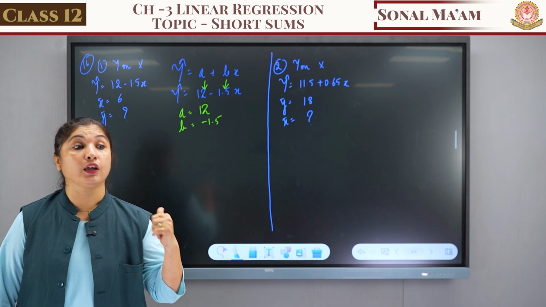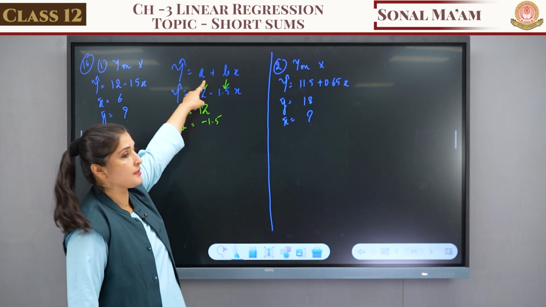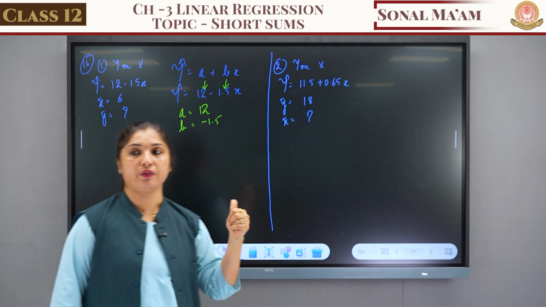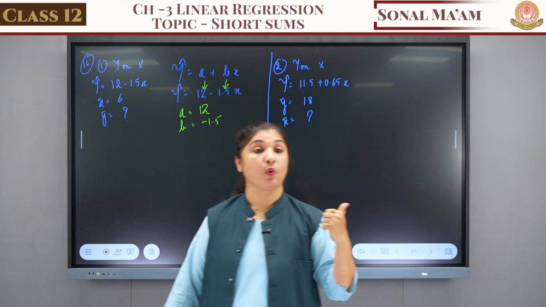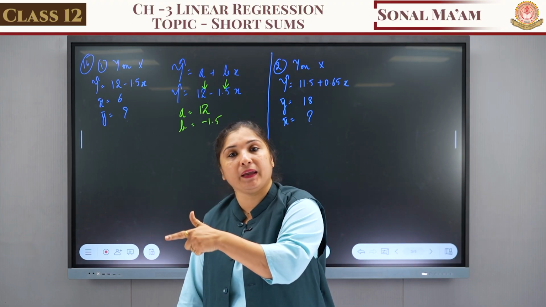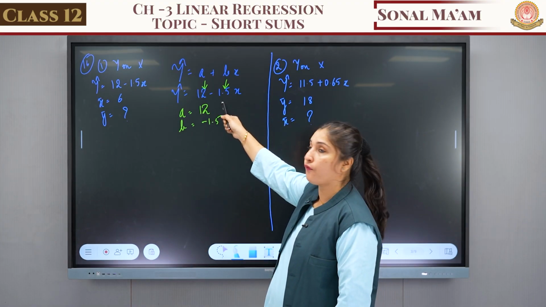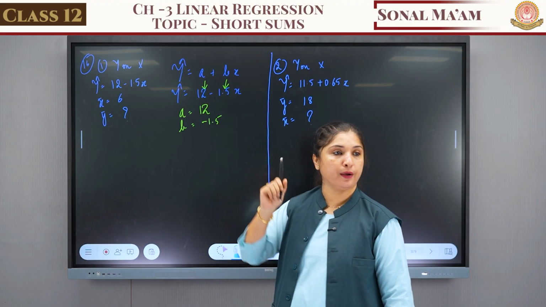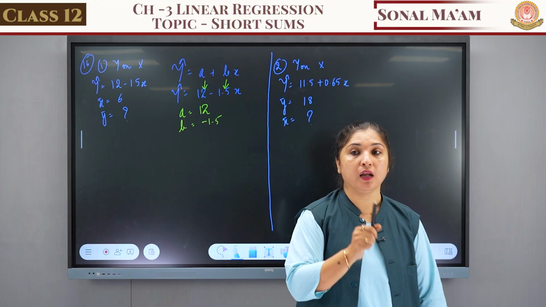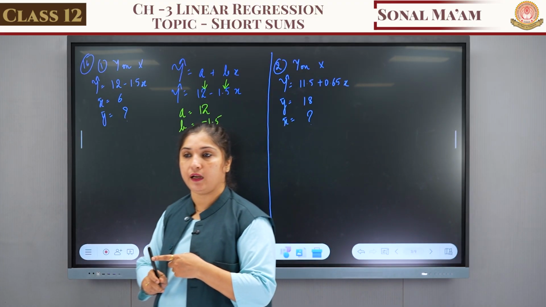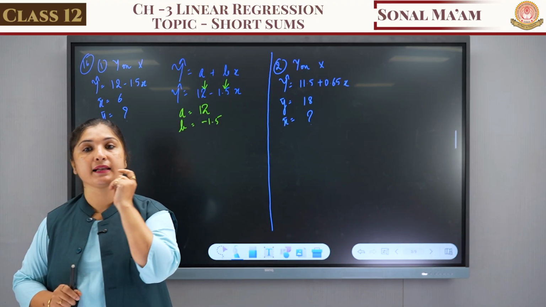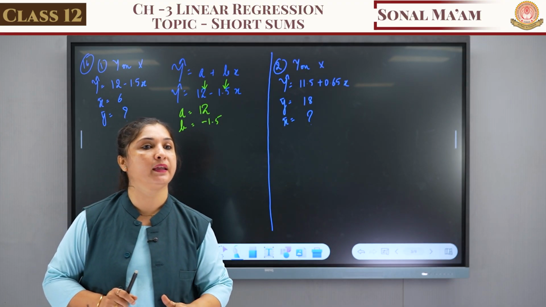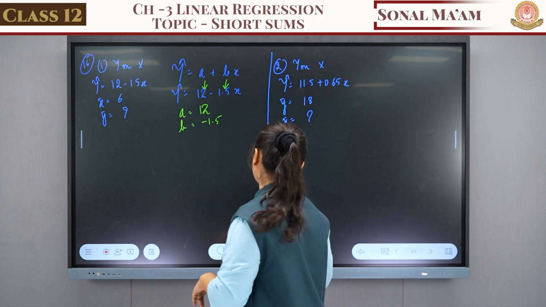Because in the equation of linear regression, y cap is equal to a plus bx, the sign is plus. So this minus sign belongs to b. So b is minus 1.5. Is it clear to everyone? Next time you won't make this mistake, right? The equation is a plus bx, and the value given to us is in minus, which clearly shows that the value of b is negative.